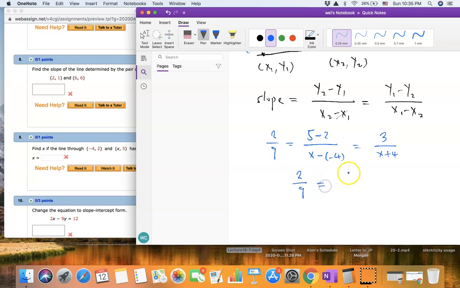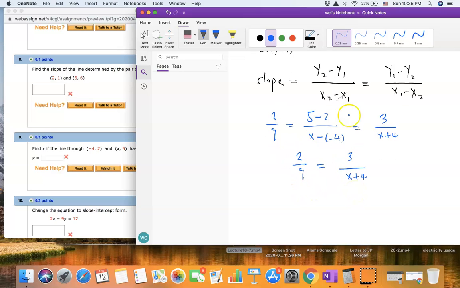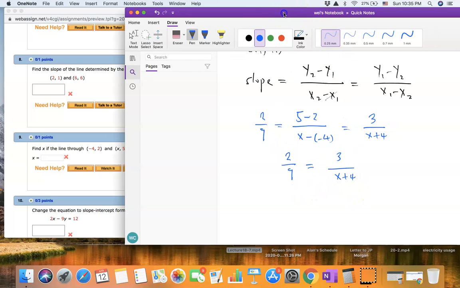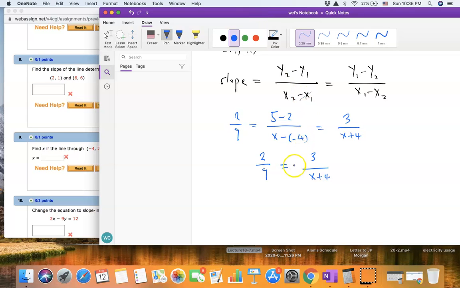Now, to find x, we need to solve this equation for x. In the previous sections, we saw how to solve this type of equation. This is a rational equation.